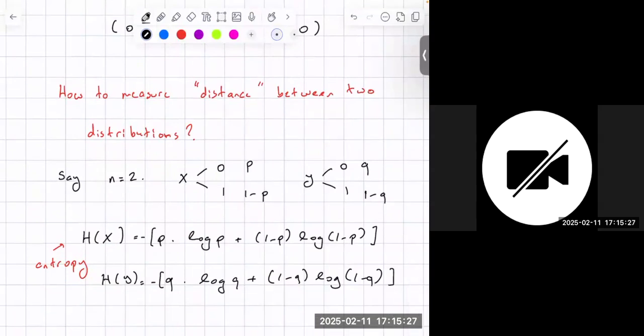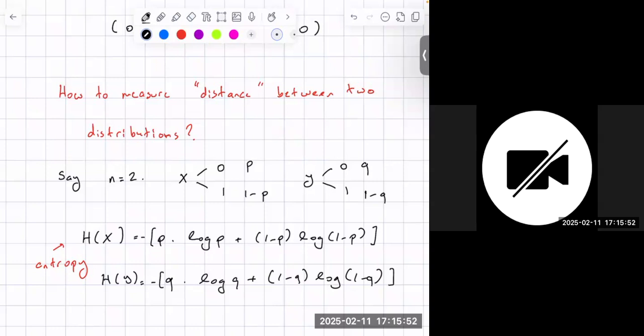Let me define entropy for you, in the case of a random variable with only two values to simplify the situation. Suppose this is your Bernoulli random variable. It takes 0 or 1. I'm going to get back to this distance very soon. Okay, bear with me a minute or two. Let's say it takes value 0 with probability p and value 1 with probability 1 minus p.